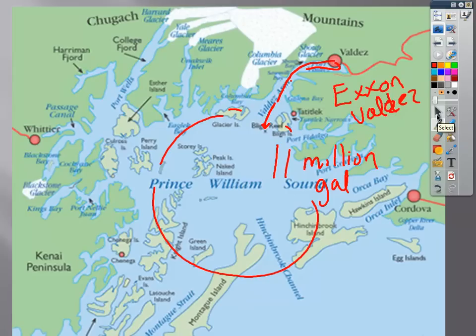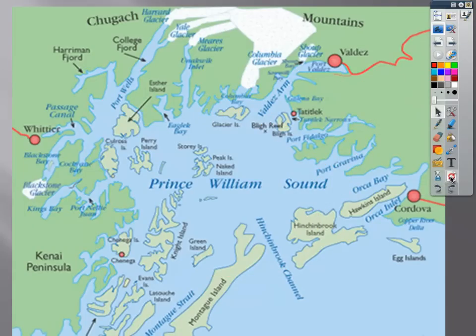And even after the recovery of the oil from the Exxon Valdez, when the cleanup was all over, only 2.6 of the 11 million gallons was cleaned up. The rest remained in the environment and is still there today. You don't actually see it on the beaches, but it is pushed down underneath the gravel and the pebbles and the sand. So if you dig down in the beaches of any of these islands, you go down about a foot and a half, you will discover oil down there.